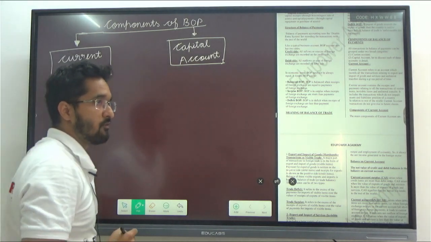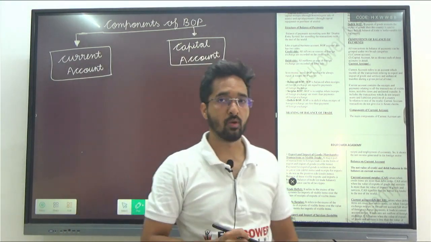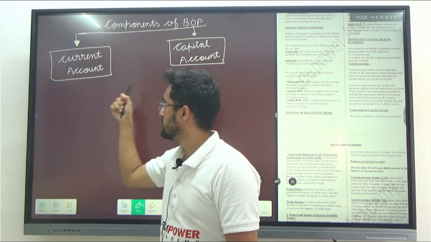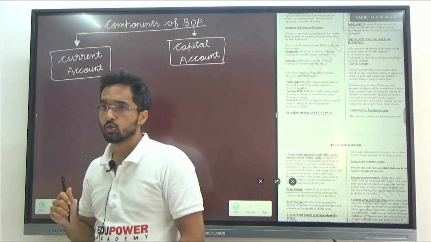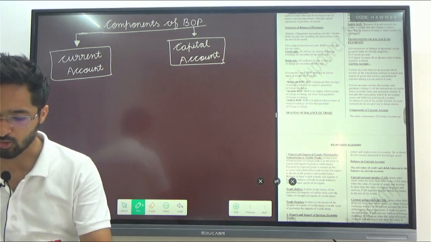So, we have basically two accounts under the balance of payment, one is the current account and another is the capital account. So, we will start with the current account first.